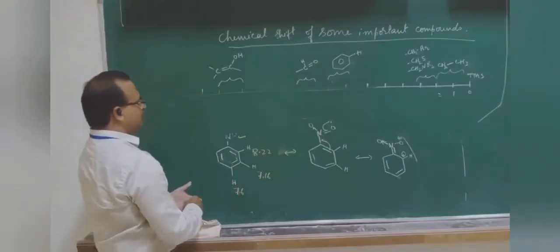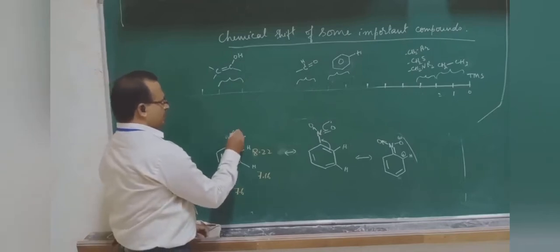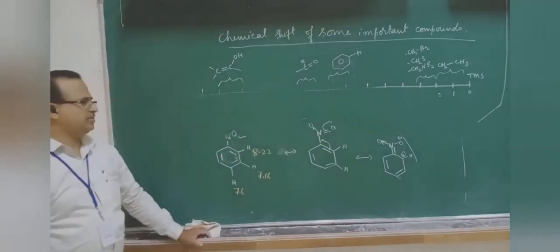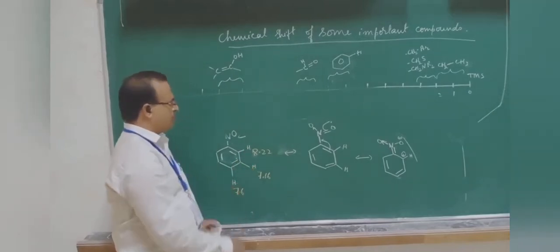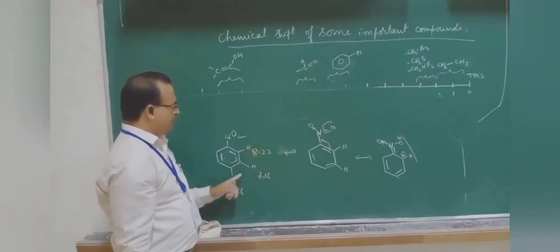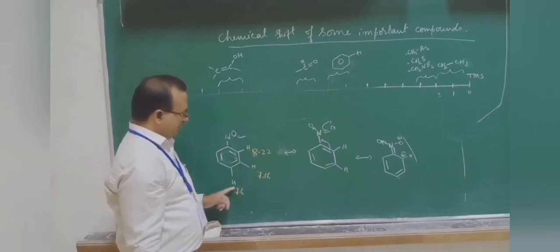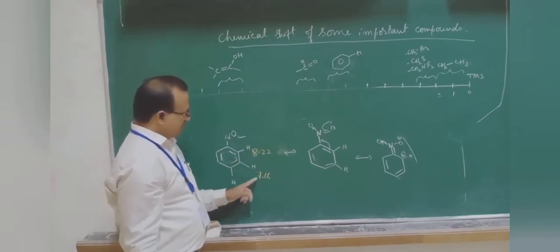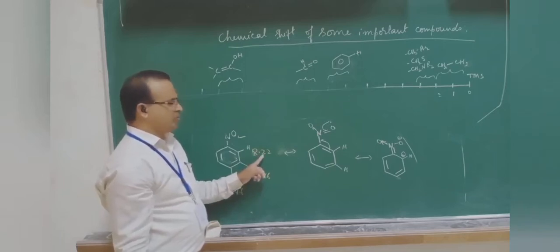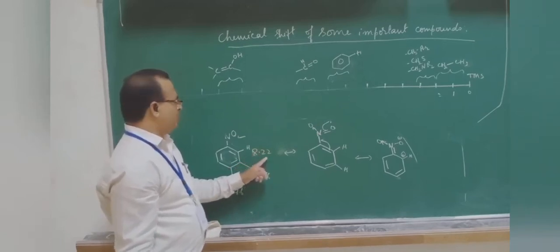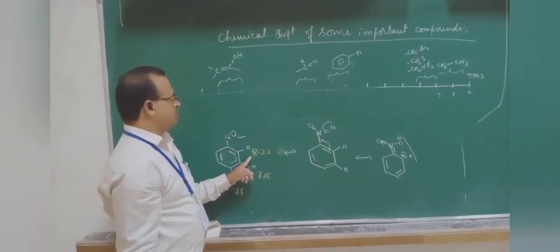We'll take an example of nitrobenzene. This is the ortho proton, this is the meta proton and the para proton. The chemical shift values of the aromatic protons show slight changes. This is 7.6, this is 7.16, the shielded one, and 8.2, which is highly downfield.